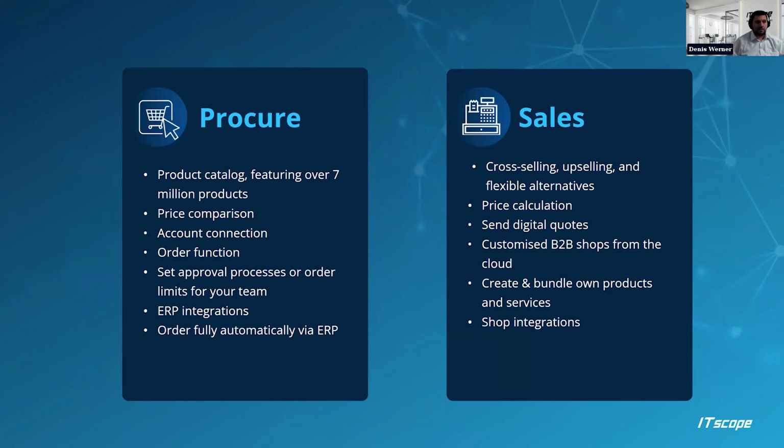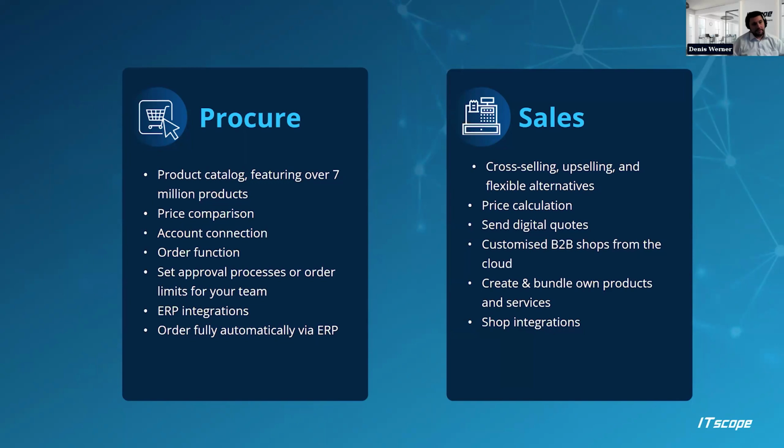You can do a price calculation on ITscope based on your distribution purchase prices. You can define some margins and then define your sales prices. From these sales prices, you can then send digital quotes to your customers. You can follow up the quotes live, and from the quotes you can also go back to the orders.